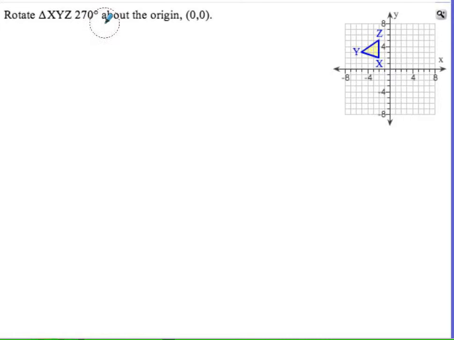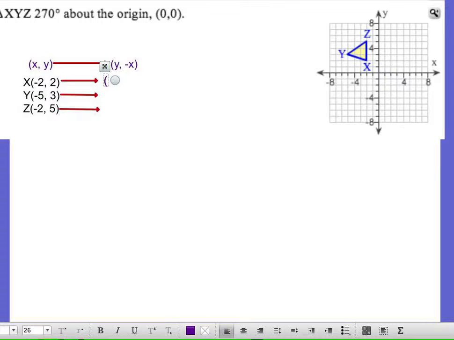Alright, so they want to rotate triangle XYZ 270 degrees about the point of origin. We have to remember that whenever we are rotating 270 degrees, we can follow the simple rule of (x, y) becomes (y, -x).